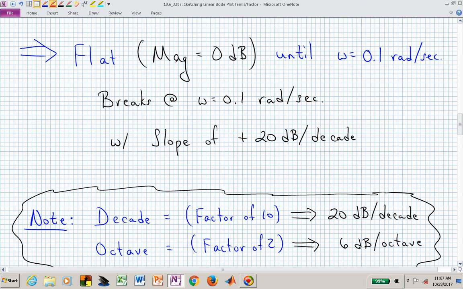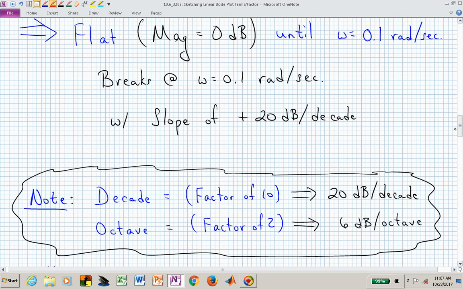So if you wanted to look at a shorter length of frequencies from 2 to 4, then we would experience 6 dB of change, instead of going from 2 to 20 and experiencing 20 dB of change. That's what I might be talking about when I say an octave or a decade.